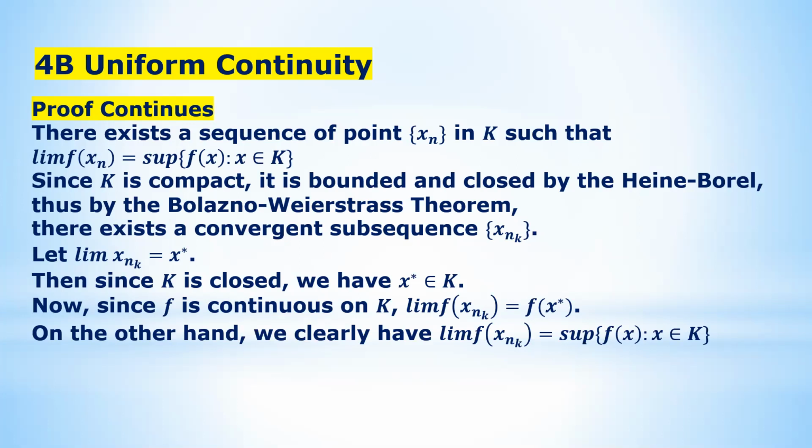So for the subsequence, the limit of f(xnk) also goes to the supremum, there's no difference. Now you compare this equality to the previous one, and you can say f(x star) must equal the supremum of f. That's how we prove the existence of a point at which the function achieves its maximum.